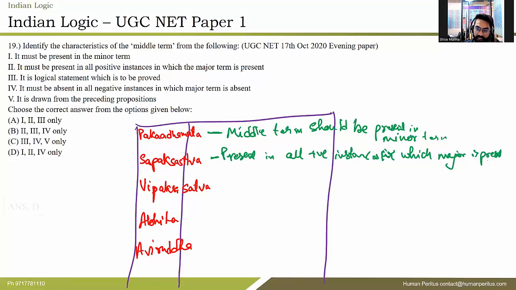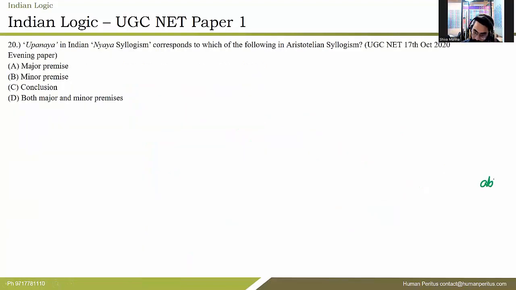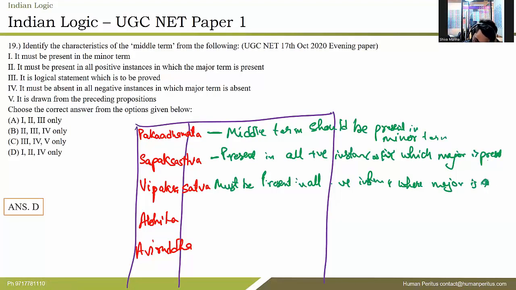Vipaksha Asattva means it must be absent in all negative instances where major is absent.